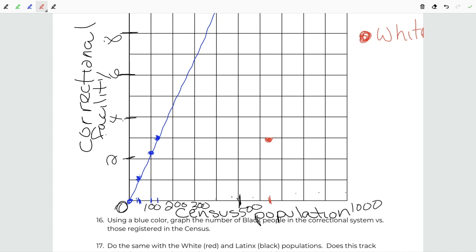For 490 white people, so that's just under 500, 2.2 of them are in our correctional system, so a bit above 2. There we go. And for 224 white people, 1 of them is in the correctional system. So 224 is about a quarter of the way between 200 and 300.